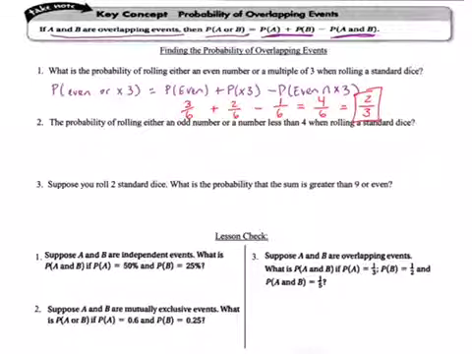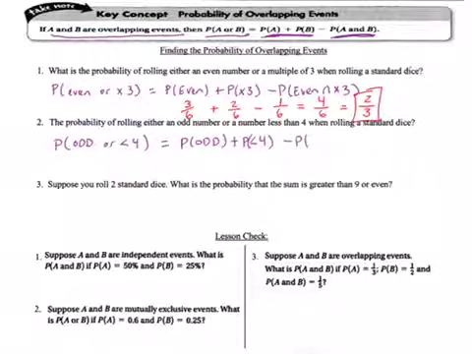Question 2, the probability of rolling either an odd number or a number less than 4 when rolling a standard die. Well, probability of, we'll say, odd or probability of less than 4 means we're looking for the probability of odd plus the probability of less than 4 minus the probability of odd and less than 4.